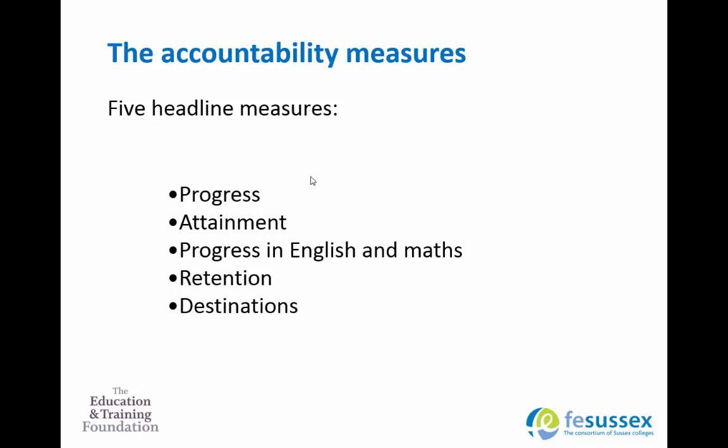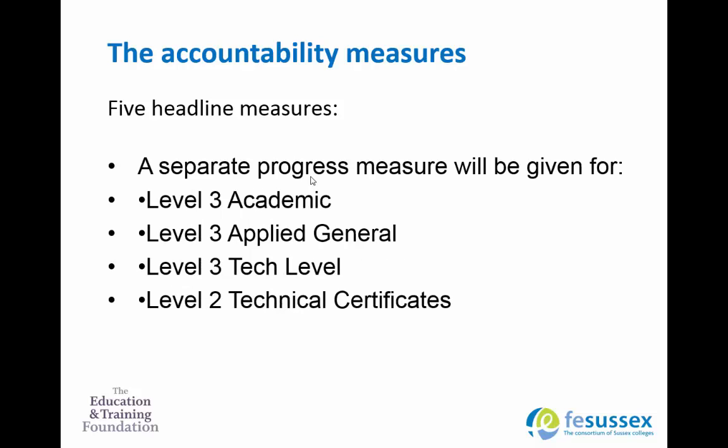Some of them are remarkably similar to the outgoing ones, so they won't cause us as much heartache as other areas of post-16 education, because the whole point about the accountability measures is that they're common across whatever form of provider you have at post-16, sixth form college, school, college of further education, general further education, specialist college, and so on. So the 5 headline measures: progress, attainment, progress in English and maths, retention, and destination.